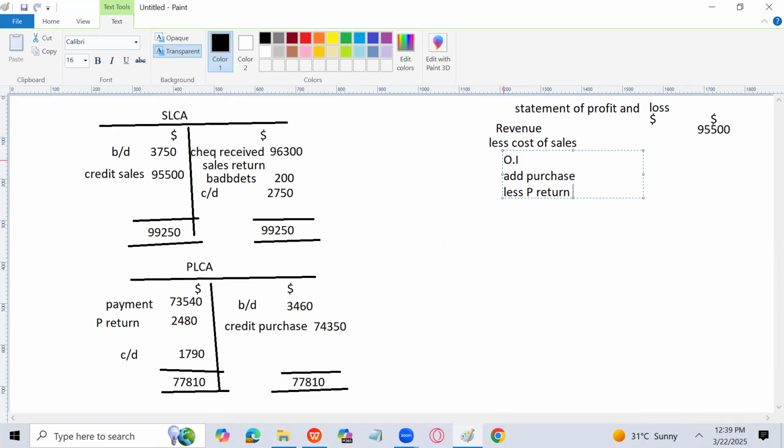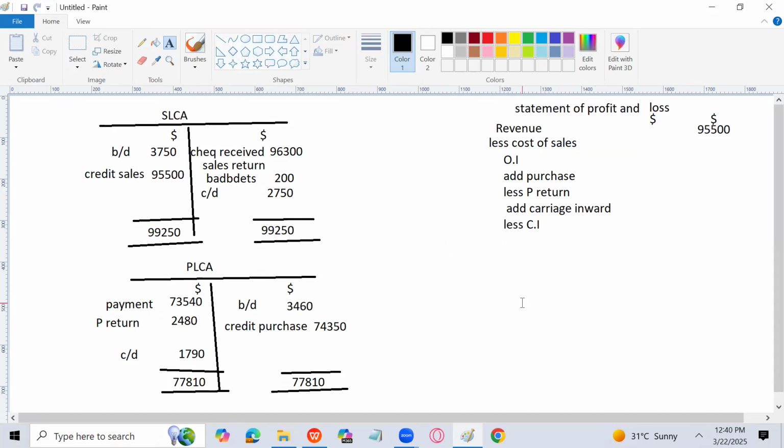Again, I am going to inform you, add carriage inward, and less closing inventory. Okay, now it's right. Purchase return has also come on the debit side of PLCA, because trade payables are debited because of purchase return. But you have not credited purchase return yet, so purchase return has to be subtracted from purchases and then that dual aspect concept is going to complete.